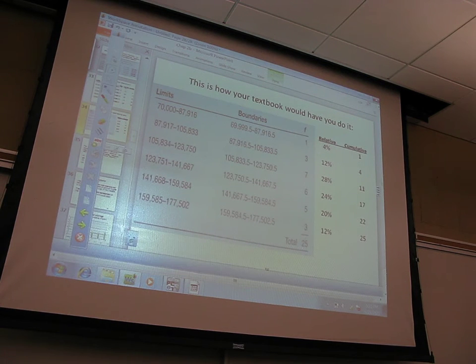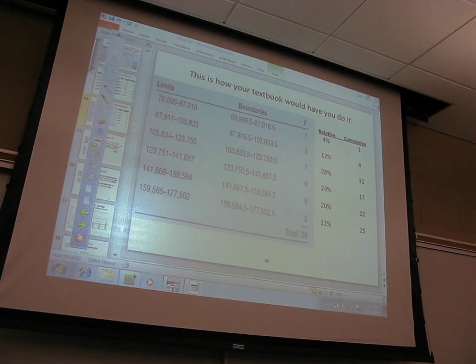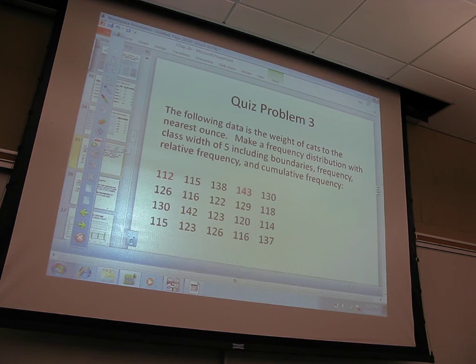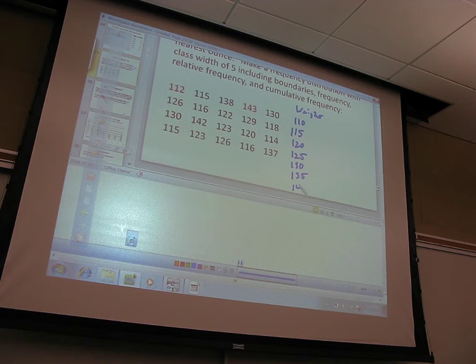All right, so let's take a look at your quiz problem number 3. Is everybody done with their quiz problem number 3? Yes? Okay, great. So what you guys have is, this is weight, 110, and you did 115, 120, 125, 130, 135, and 140, right?